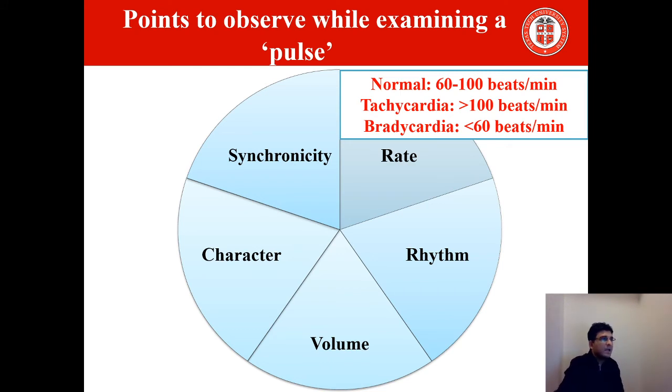Now, the pulse should have a normal rhythm, or to be specific, a regular rhythm. Regular rhythm means that once you are palpating the pulse, it should strike the pulp of your finger at equal distance. For example, the spacing between each of the hitting times should be the same.